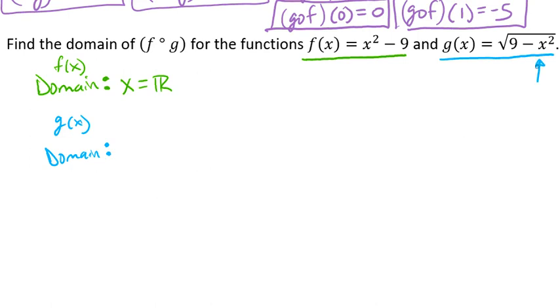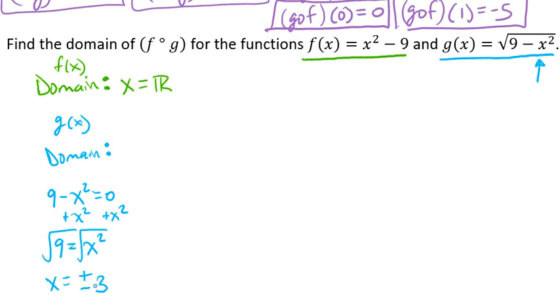So we know it can be no bigger than that. So we're going to take our 9 minus x squared and set that equal to 0 so that we can solve. We're going to add x squared to both sides, get 9 equals x squared, take the square root, and we'll see here that x is plus or minus 3. So that tells us that our domain for g of x must be between -3 and 3. So that is definitely more restrictive than our domain for f of x.